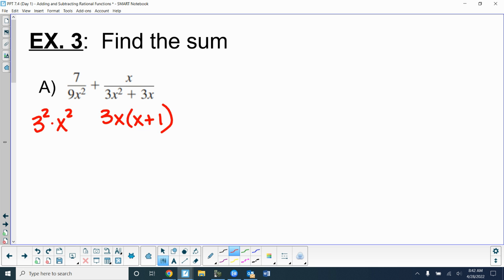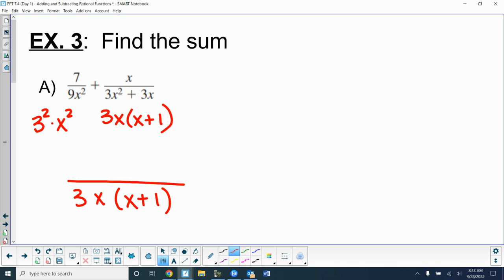All right? So, what shows up? I see a 3. I see an x. I see another 3, another x. Do I have to write it again? If it shows up, you write it down, but you don't have to write it down multiple times. And what else do you see? An x plus 1, right? Look at exponents. Do any of these have exponents?